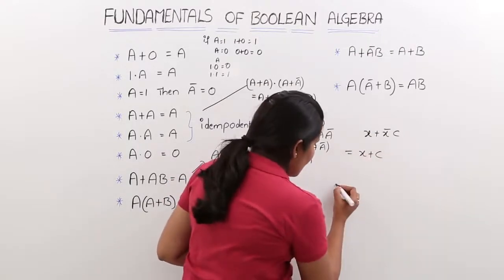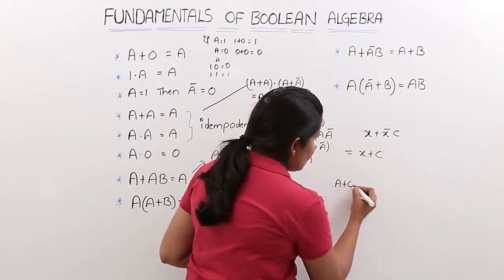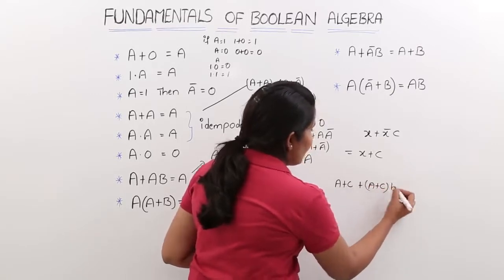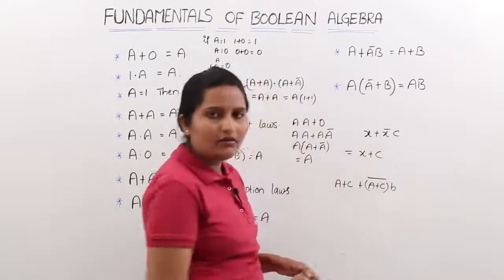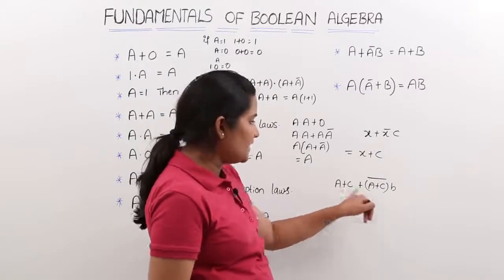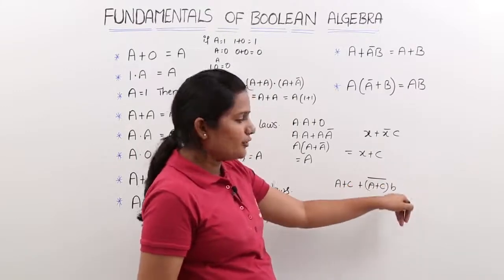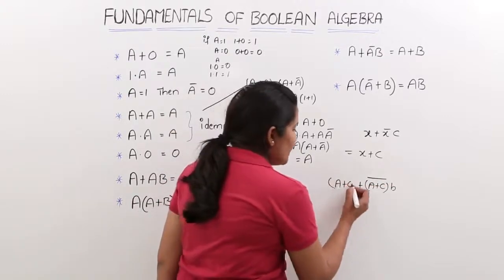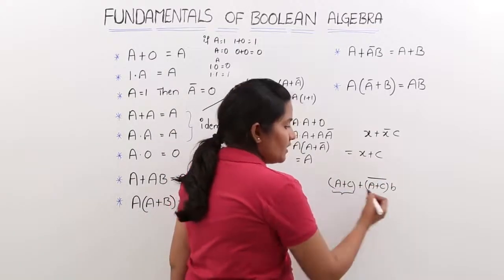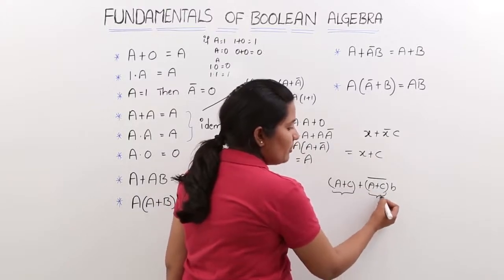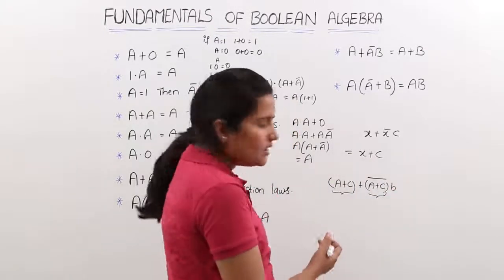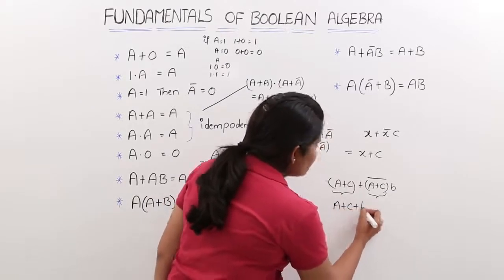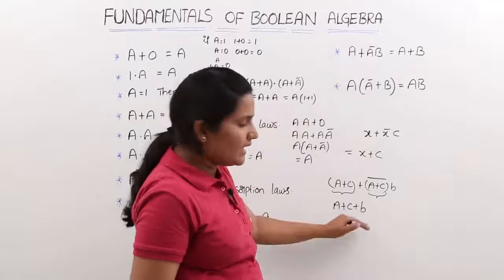For example, if you have A plus C bar into B, here for this A, the complement is C bar, and something is multiplied. So, now you can take this as A plus C plus B. So, you can apply this fundamental like this.